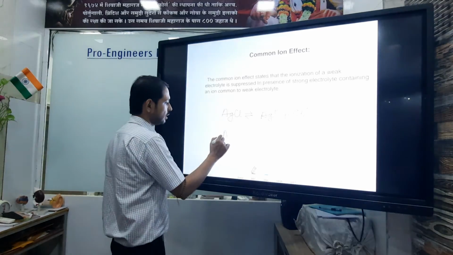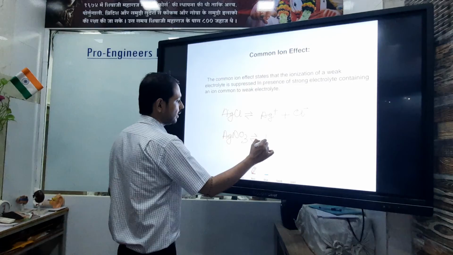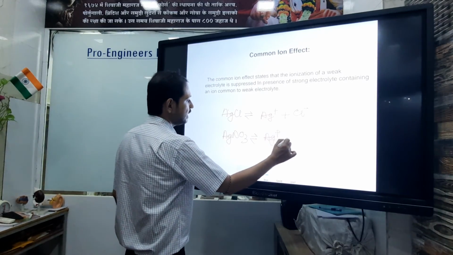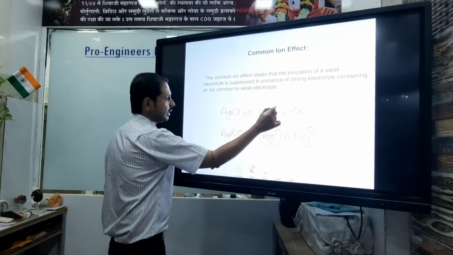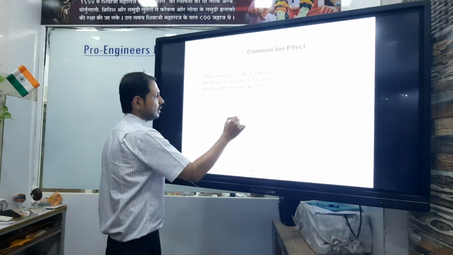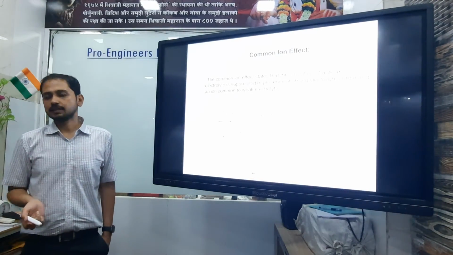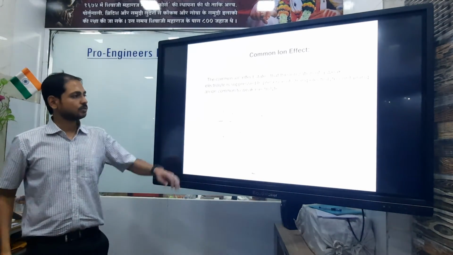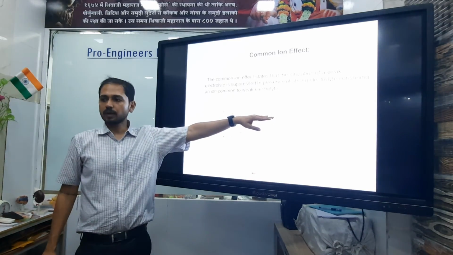Now if we add silver nitrate to this mixture, silver nitrate is a strong electrolyte and dissociates 100% into Ag+ and NO3-. What is the common ion here? Ag+. So the solubility of AgCl will decrease if we add AgNO3 to the solution, because we are increasing the product concentration.